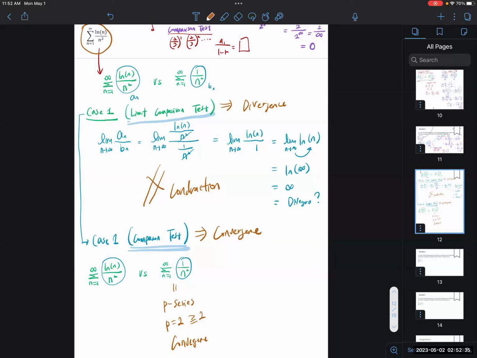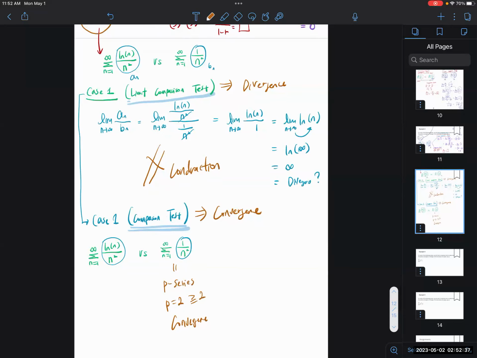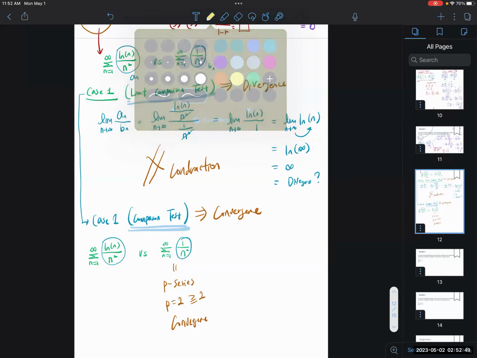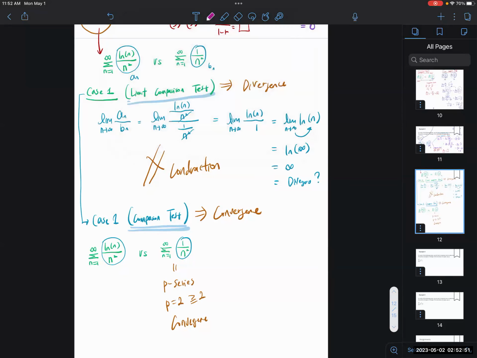But in these two different cases, 1 and 2, using two different tests, they give different answers. One is a divergence. That's how you know this 1 over n to the second is not a good choice to use.